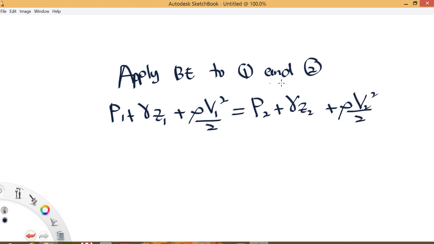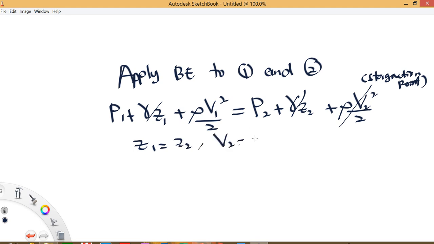At point 2, at the entrance of the tube, velocity is 0 because it's a stagnation point. We assume that it is on the same streamline, so Z is the same. We cancel: Z1 equals Z2 and V2 equals 0.